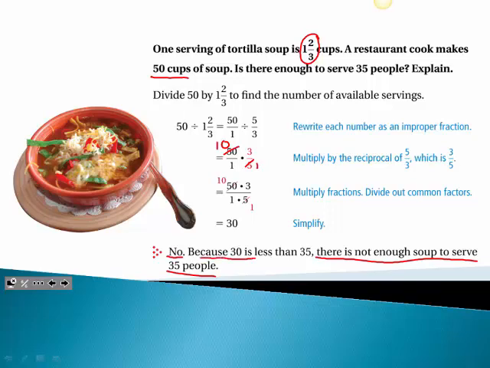This part right here is what explains why we don't have enough. Some of you are telling me your explanation, you would tell me, no, there is not enough soup to serve 35 people. You answered it fabulously, but you did not explain why there's not enough. So this part right here is why there's not enough.